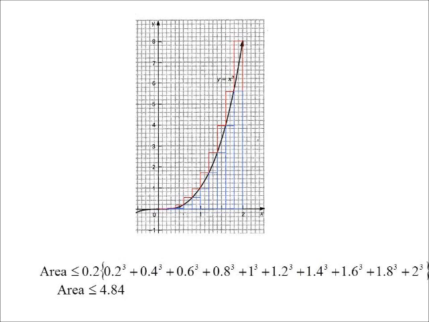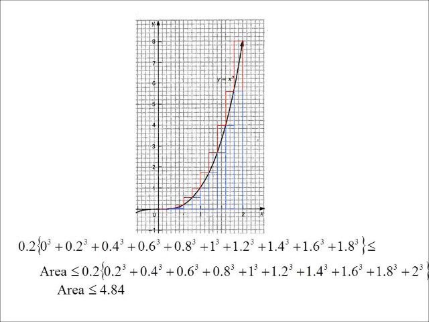And the inner ones, so let's draw those ones in, the little blue ones. There we go. So 0 cubed, 0.2 cubed, and so on. That turns out to be 3.24. 4.04 with 10 rectangles. So we're getting a lot closer. So you can see, the more rectangles we have, the better the estimate's going to be.